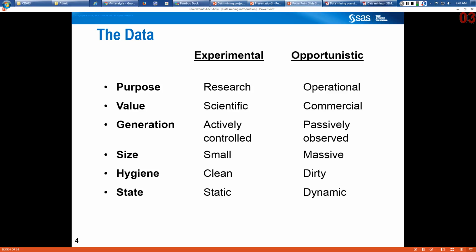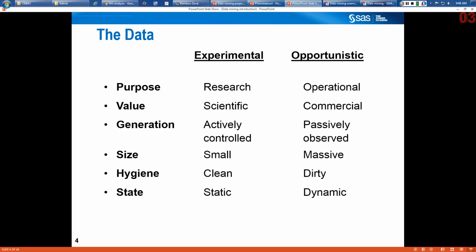The main objective of a researcher is progressing scientific thought and approaches, whereas for a business person the objective is more commercial.